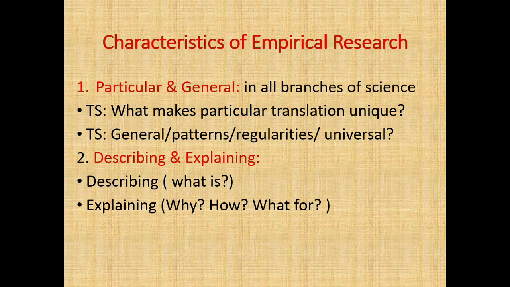The second characteristic is describing and explaining. Describing is to answer what it is that we see and observe. But explaining is a more complex activity, where the researcher deals with the bigger questions like why it is so, how it can be so and so, how it became in this form, and what for.